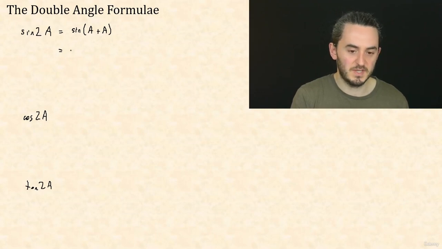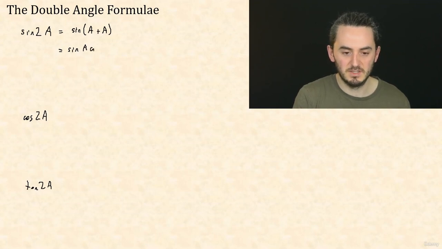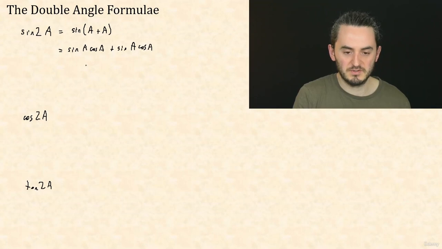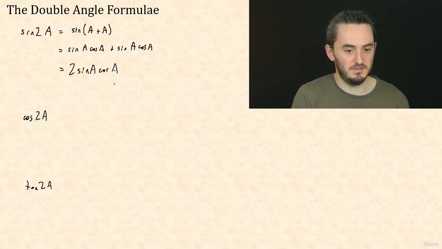Well, sine of something plus something is sine a cos b, except our b is just a, plus sine of this one cos of this one. Okay, well that's just the same thing twice, so that is just 2 sine a cos a. And that is the double angle formula for sine.